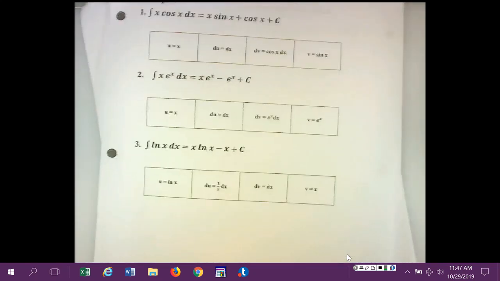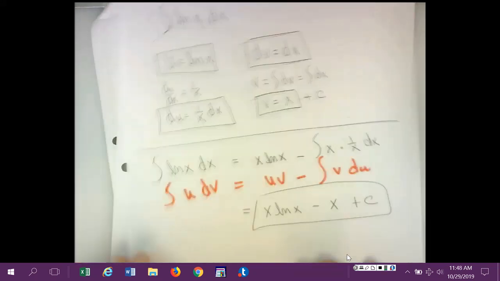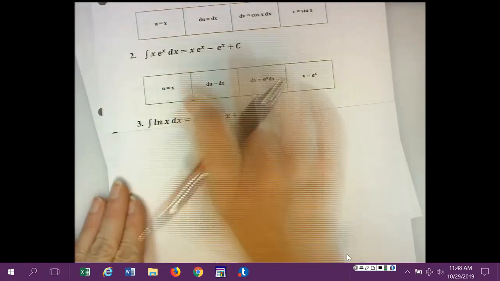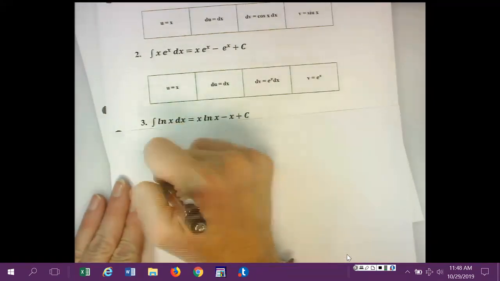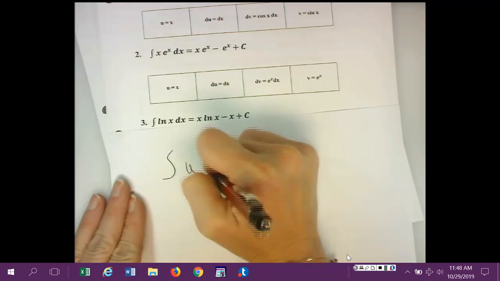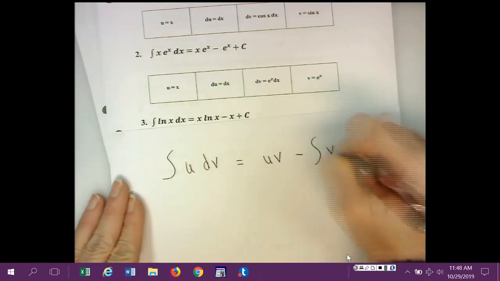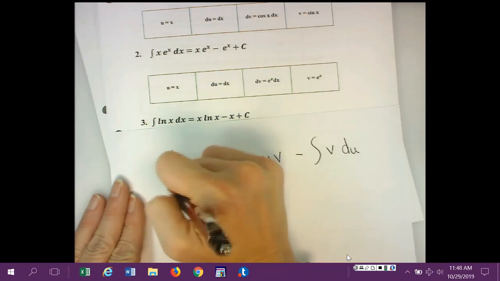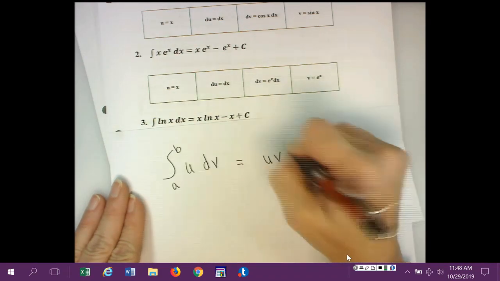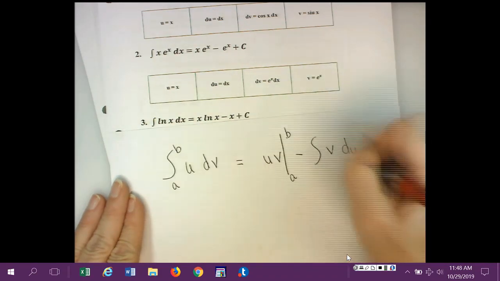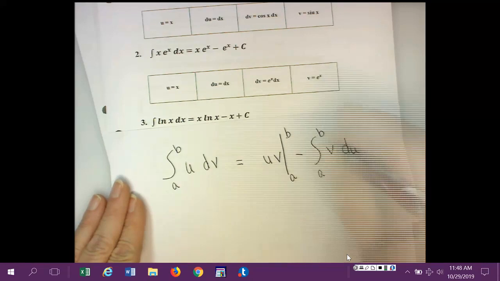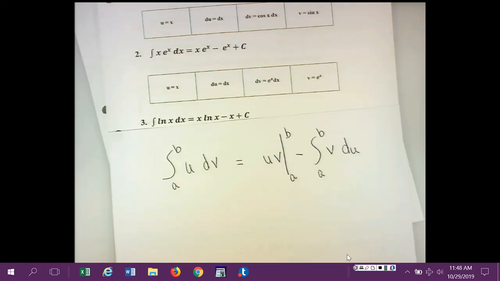And also, there is a time when you will have to do this. And this will go from A to B. You will be working with definite integrals there, but you can still use integration by parts.